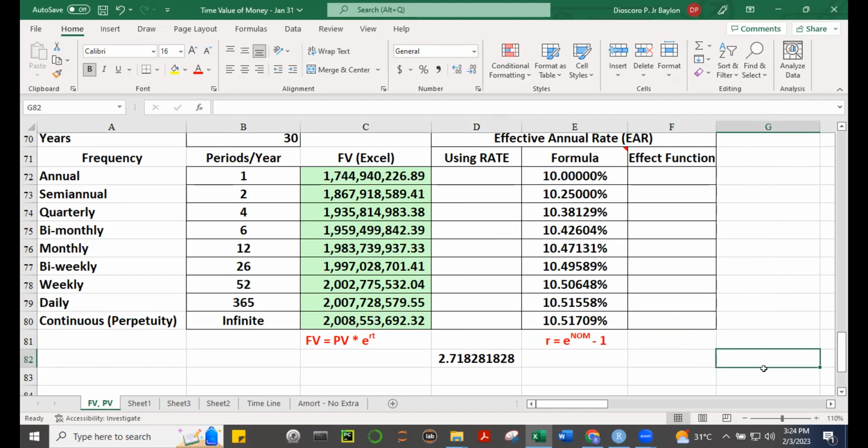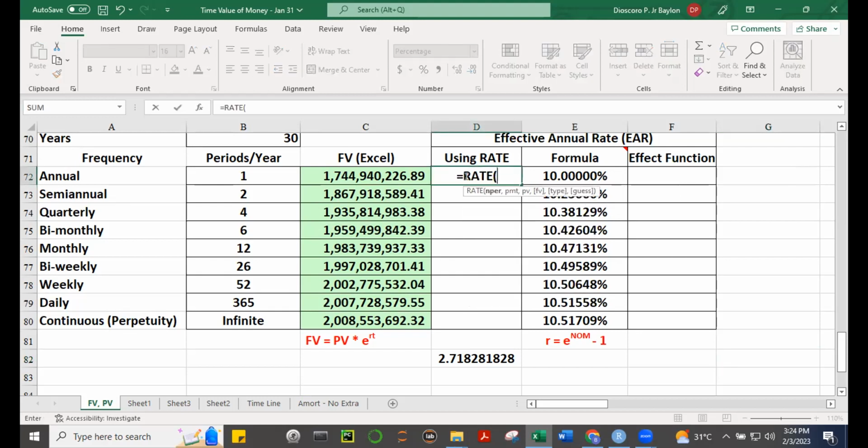Okay, now I'll give you 1 minute. This time, use the rate function to compute for the effective annual return. Recall the syntax.